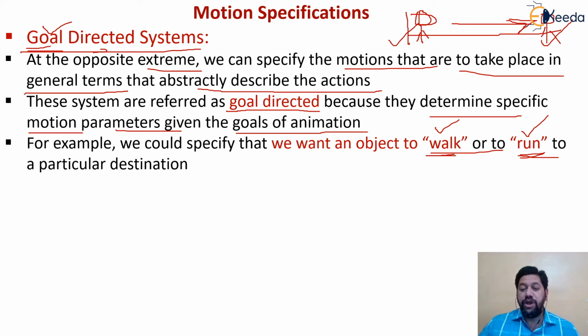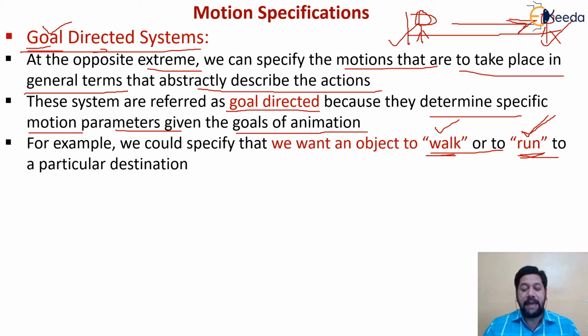So my goal is that the object should walk. I want to show that the object runs. I've just specified a general speed, whether it is fast, slow or medium. I'm not specifying here that the object should run at 20 kilometers per second. I'm just specifying whether the object is running fast, slow, very slow, or with medium speed.